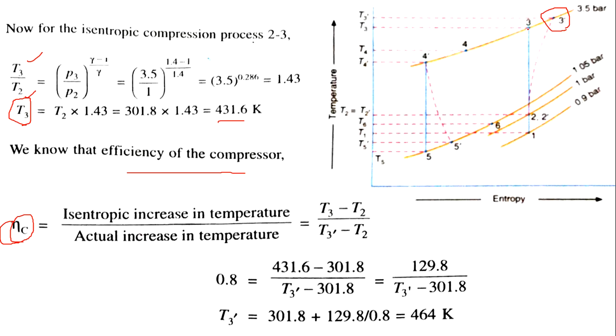T3 minus T2, that is the isentropic increase in temperature, divided by actual increase in temperature, that is T3 dash minus T2. Okay, so efficiency of the compressor is given as 80%, and the unknown temperature, that is T3 dash, is obtained as 464 Kelvin.